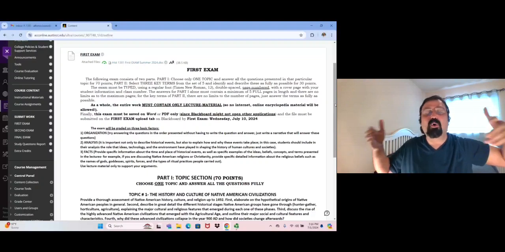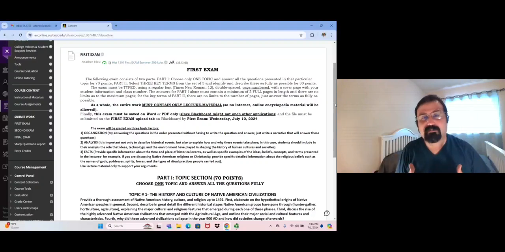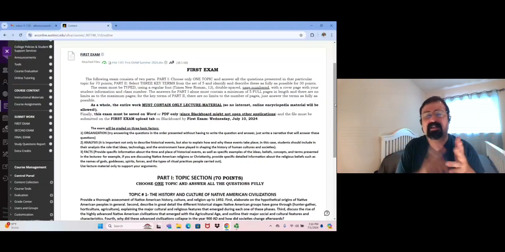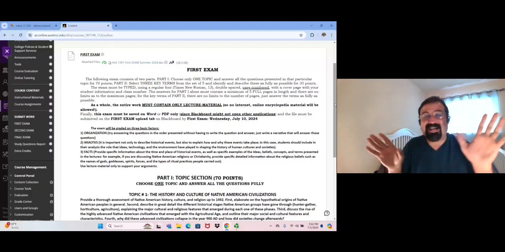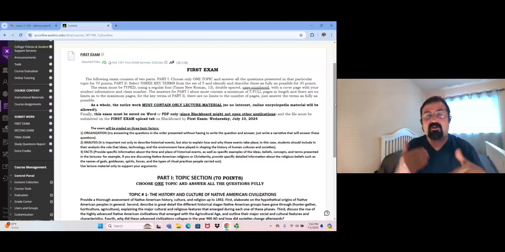In other words, you can only use the material presented in the lectures to answer the exam. Refrain from using any kind of outside source, okay? Whether we're talking about internet or encyclopedias, books, and articles, again, doesn't matter. Any kind of outside source is totally prohibited in the exam.